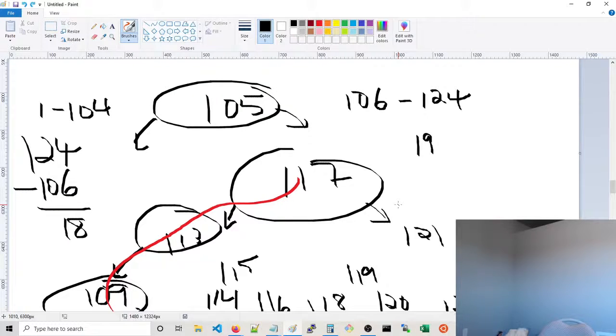Okay, I think I know what it is. I want to say something like you could make this logarithmic jump from the right side, right? Assuming it's a full binary tree.